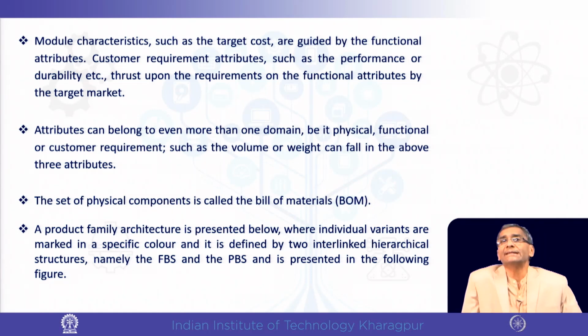For example, in a laptop, lightweight is a customer requirement, its size and lightweight and all. Similarly, its functionality and its components or physicality also will have to accommodate the same. So, those are the issues to be considered together.